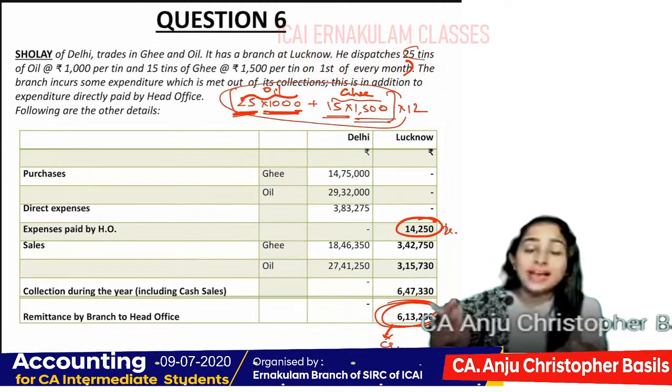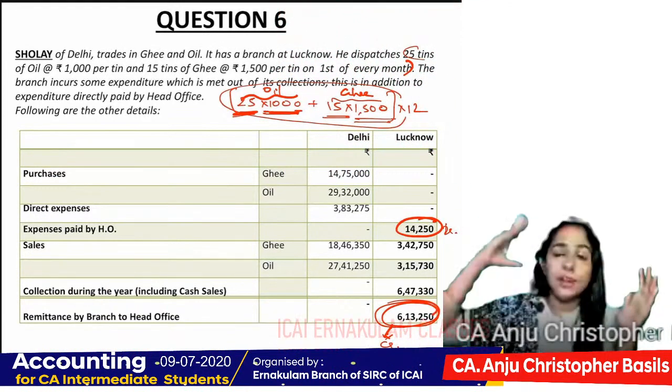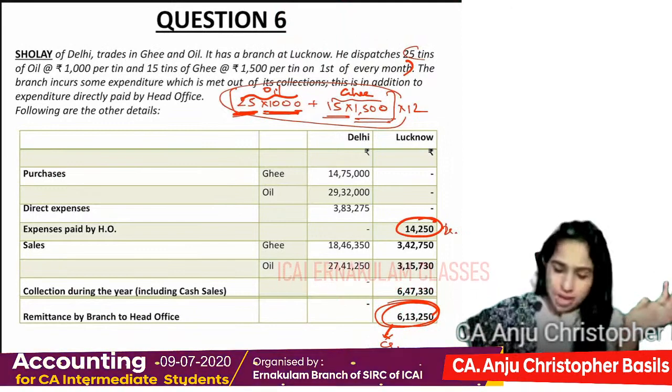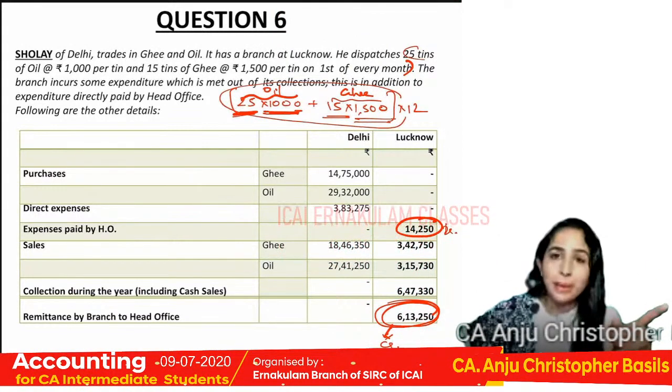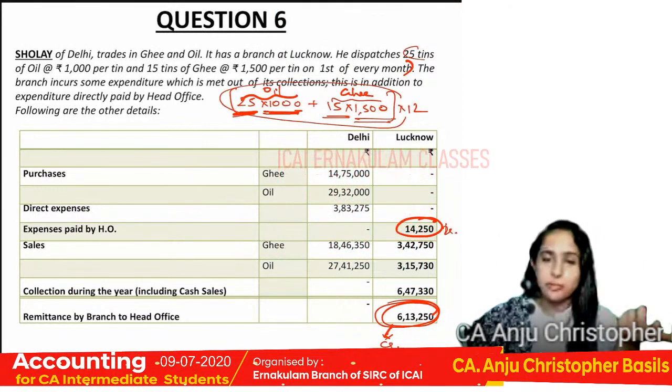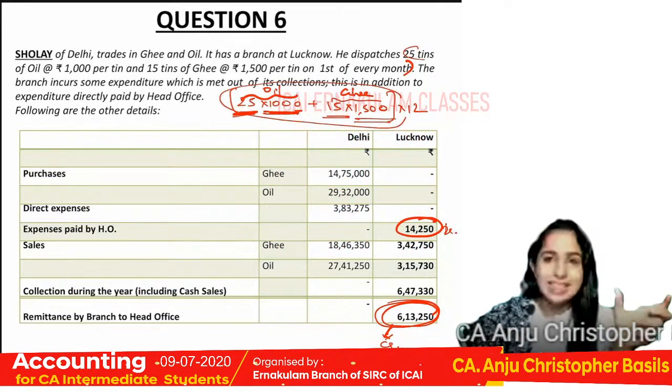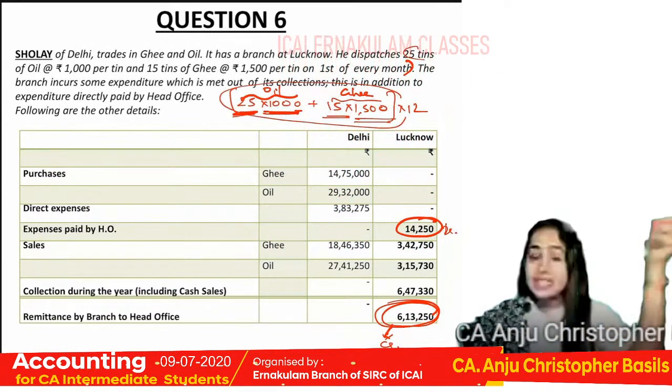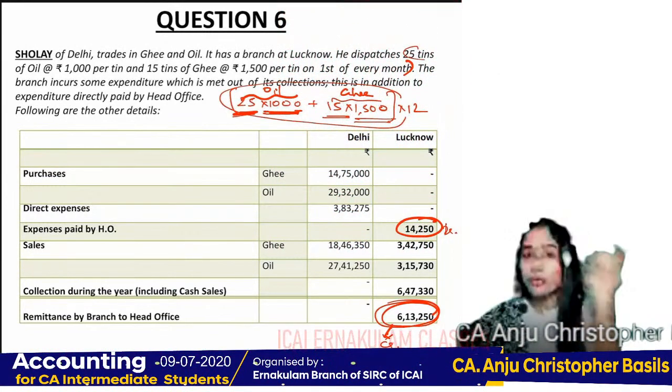So this will be the amount of goods transferred from HO to branch. The expenses made by HO on behalf of the branch are given, so you will write this on the debit side. The remittances are also given straight, which you will write on the credit side.